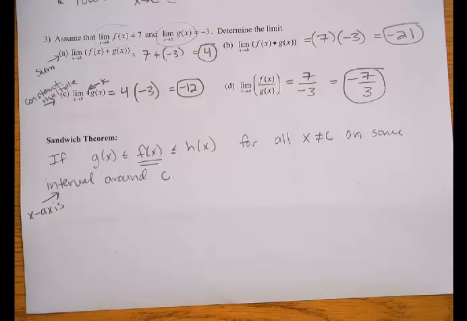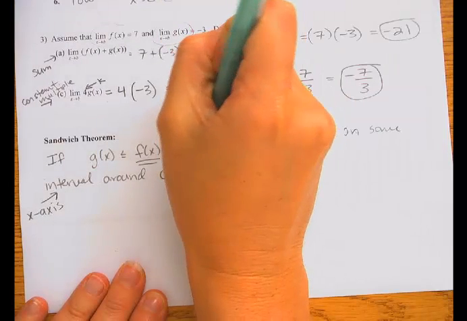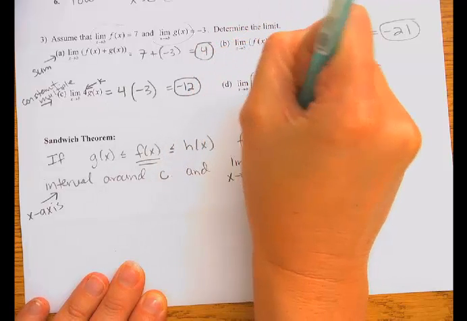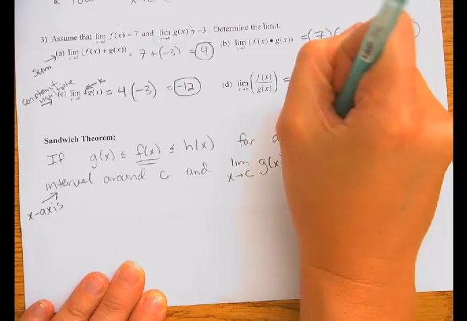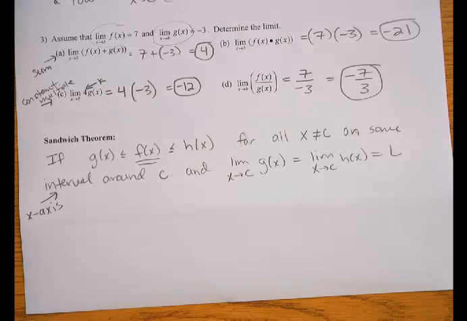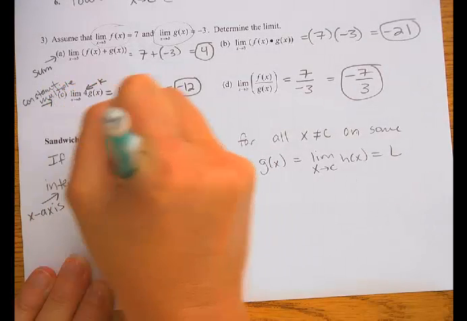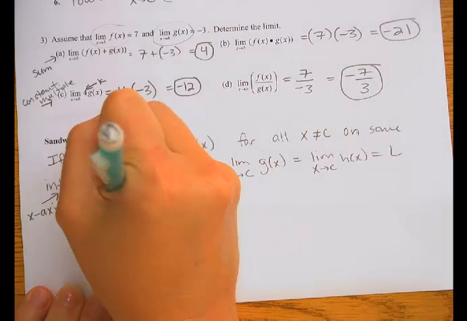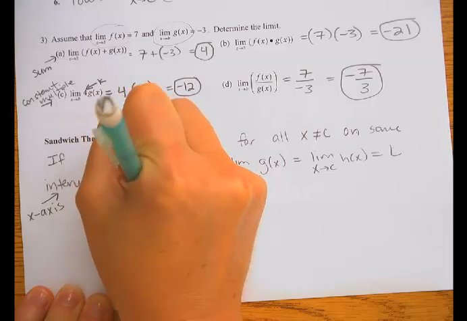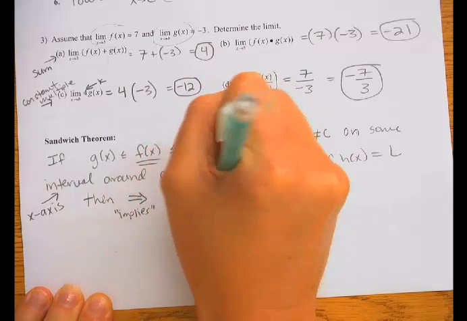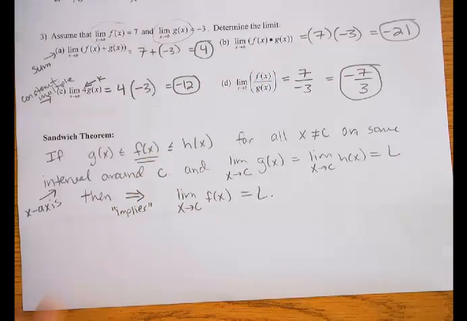So if that scenario happens, and the limit as x approaches c of g of x is equal to the limit as x approaches c of h of x, we'll just call that L, well, then that would imply, so this double line arrow means implies, that the limit as x approaches c of f of x is also equal to L. So that's what the sandwich theorem basically says.